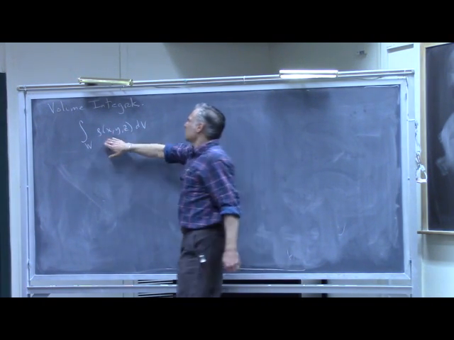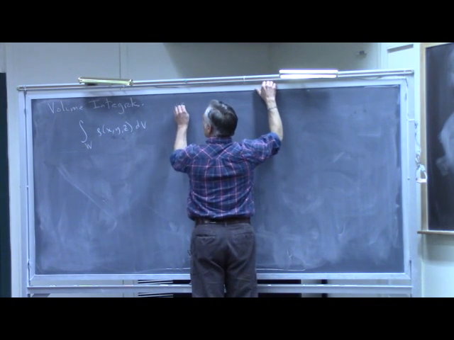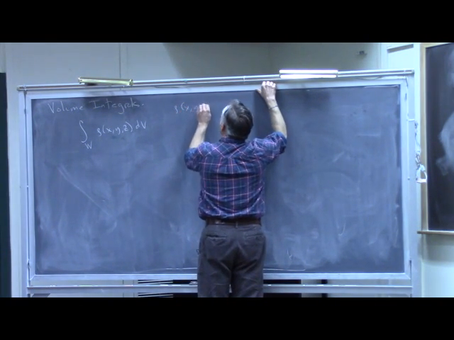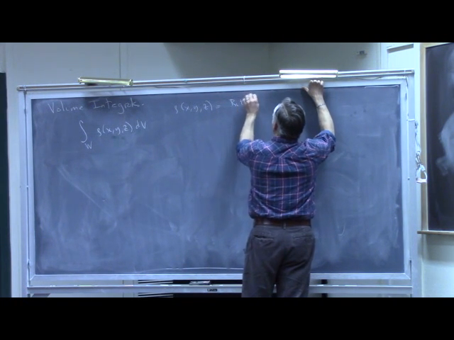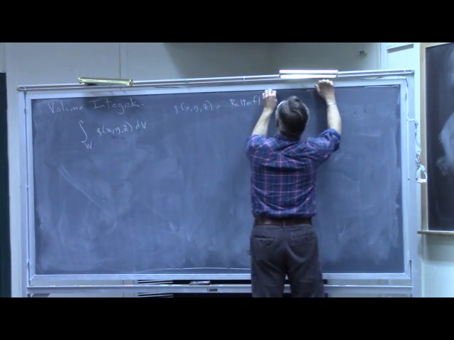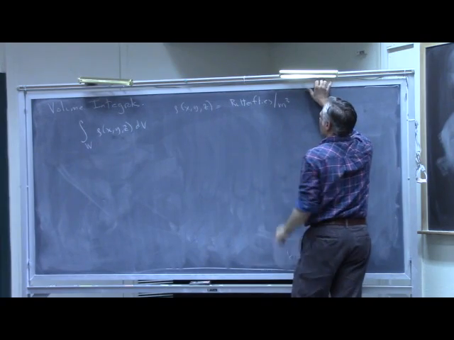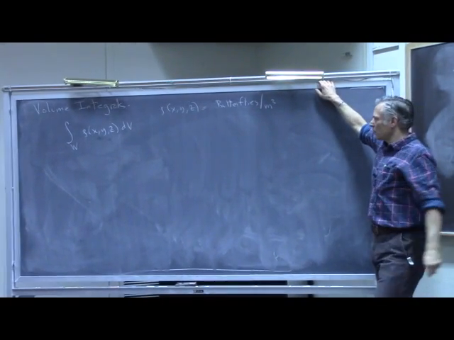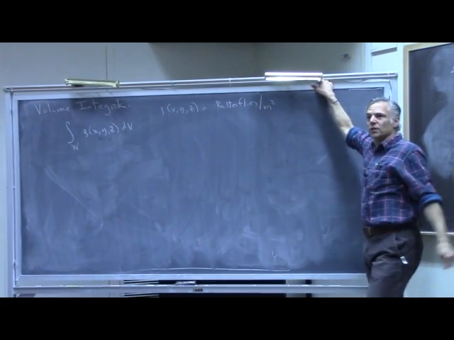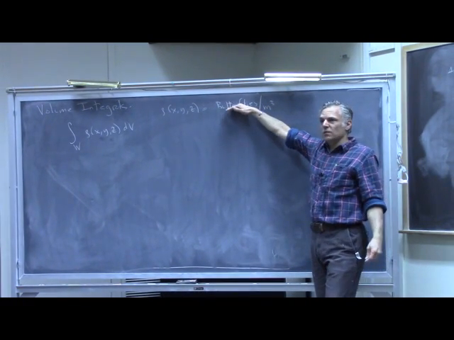So let's think about rho as a function of x, y, z. Could be like butterflies. And if you really don't want to think about butterflies, you could just put anything else there that exists in space.